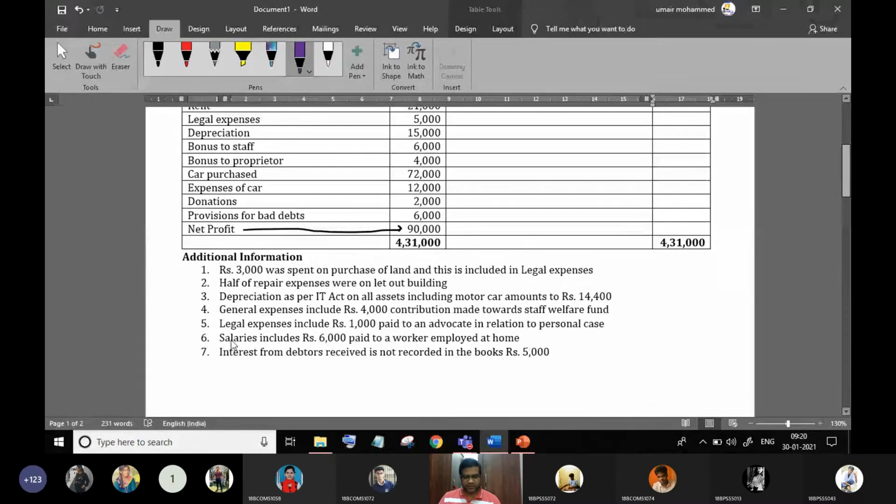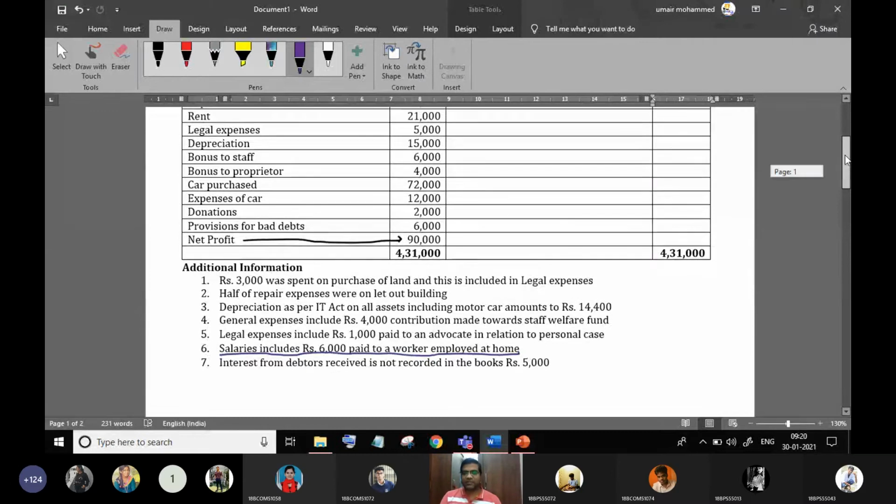So here adjustment number 6 says salary includes 6,000 paid to a worker at home. That means this is already included in the P&L account under the transaction salaries. So somebody who works at home and does household work, probably a household maid or a servant at house, has no connection with business.